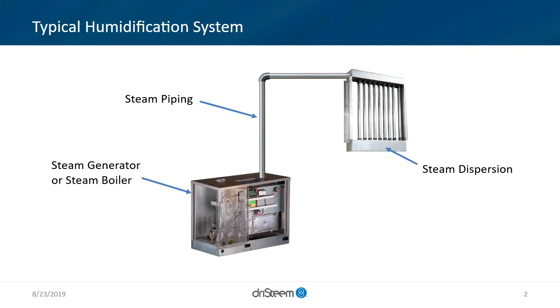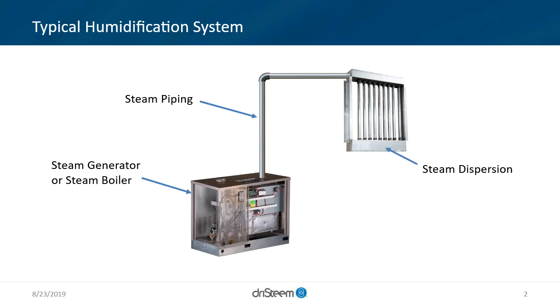Starting off from a basic understanding of what a typical humidification system is, and I use the word typical as we talk about a more historical aspect. One of the first things is boiling water using an energy source and then dispersing that through different means.